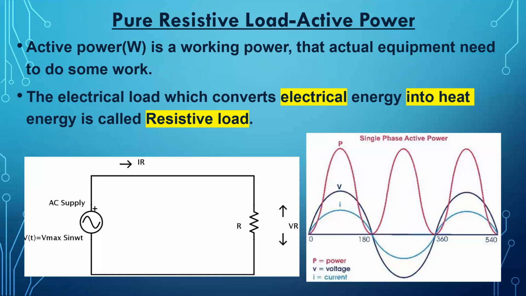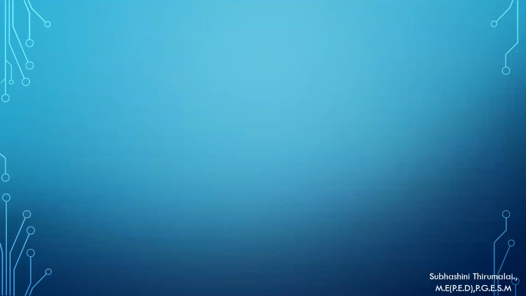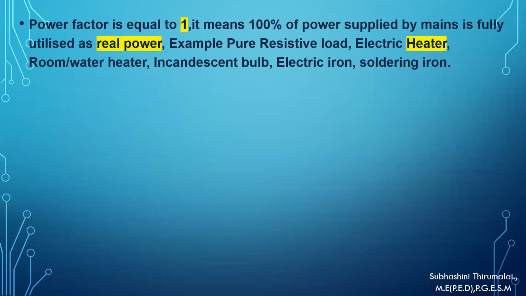So moving to the next slide, we can see what the properties of the resistive load are and what the power factor of the resistive load is. As we have already seen, the power factor is equal to 1 because the cosine of the angle difference is 0. So cos 0 is 1. Power factor is 1.